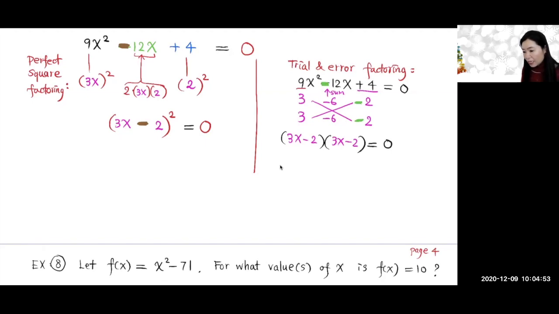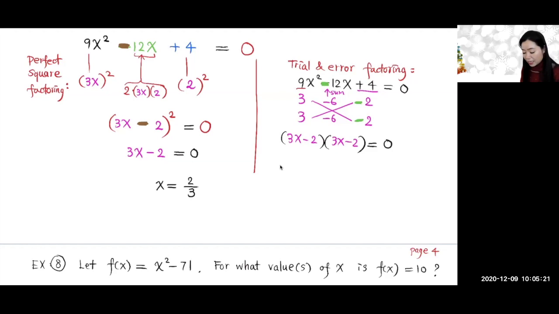Now let's continue. If we have this square here equal to 0, the only way to make the square equal to 0 is for the base to equal 0. So we'll have 3x minus 2 equal to 0, and solving for x, x will be equal to 2 over 3.